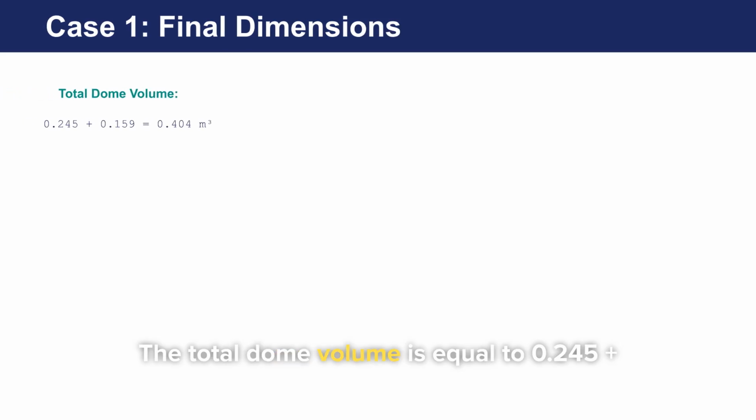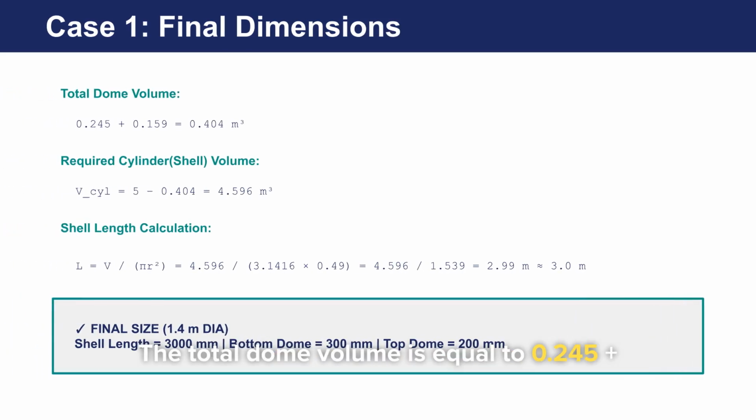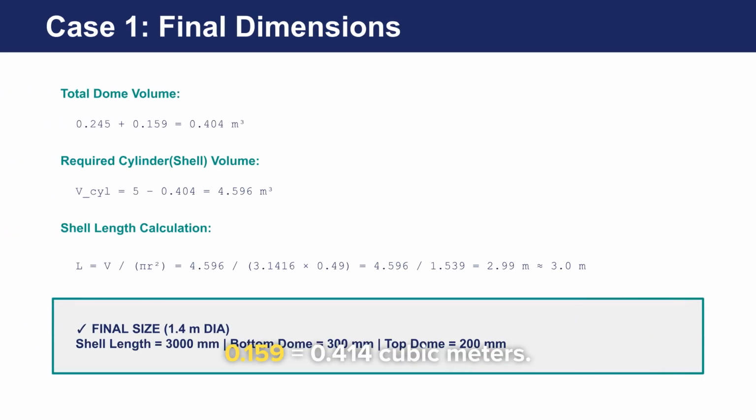The total dome volume is equal to 0.245 plus 0.159 equals 0.414 cubic meters. Subtracting this from the total required volume of 5 cubic meters gives a required cylinder volume of 4.596 cubic meters.